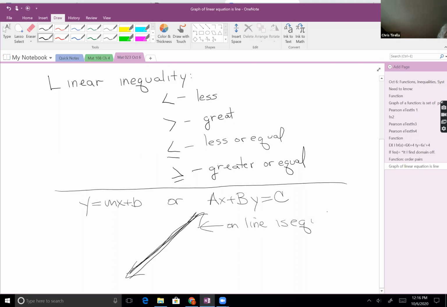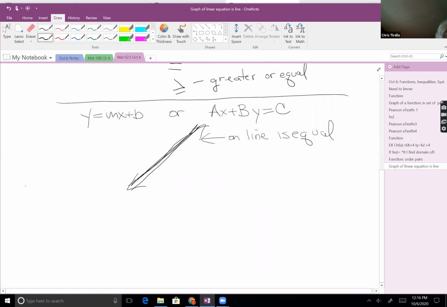And so if it's equal when it's on the line, it's not equal off the line. Y does not equal mx plus b, or ax plus by does not equal c.